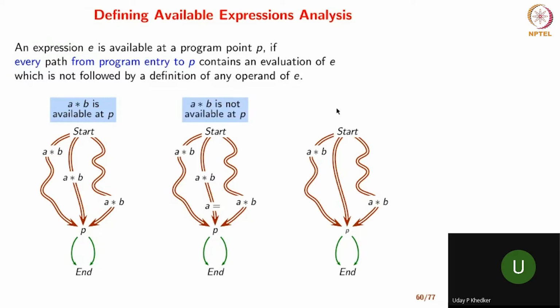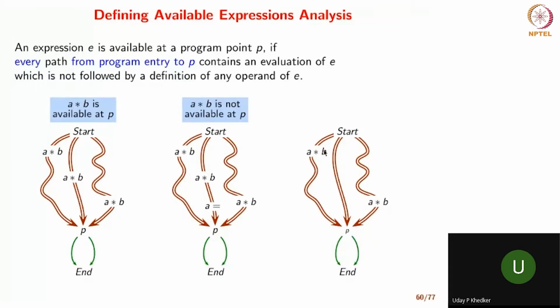What about this third case? It also is not available since the second path does not have the evaluation. Yes. So this is how it's different from live variables analysis. In live variables analysis, an empty path didn't matter.